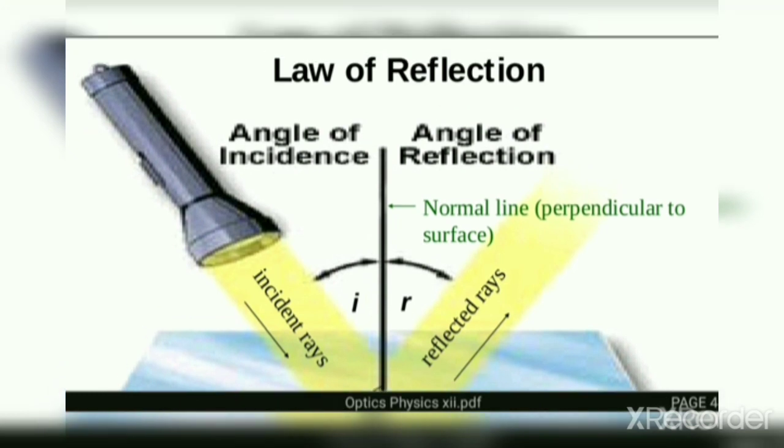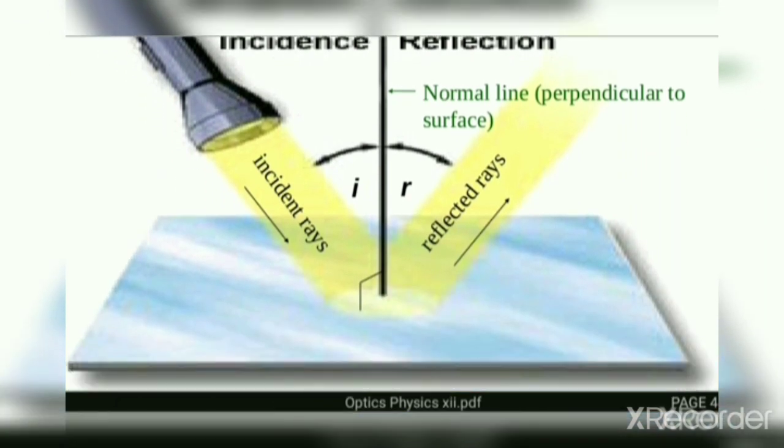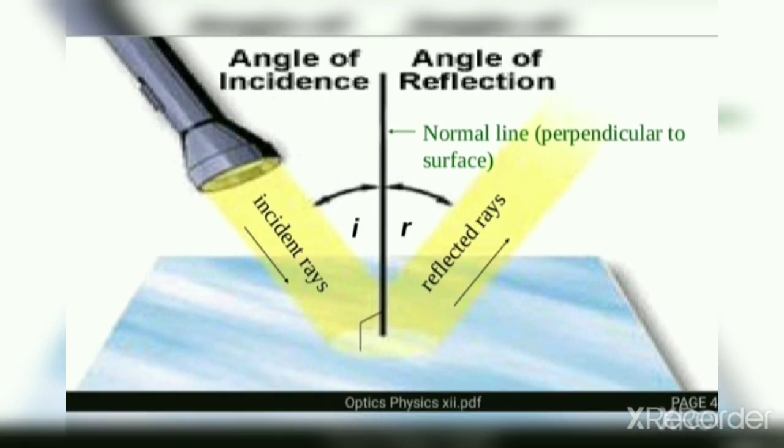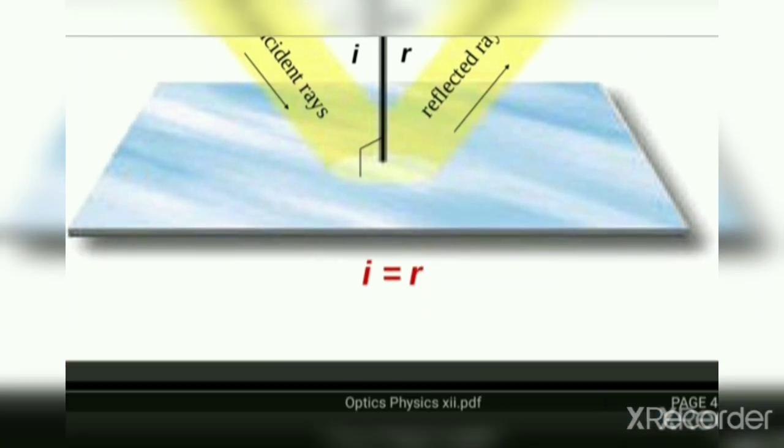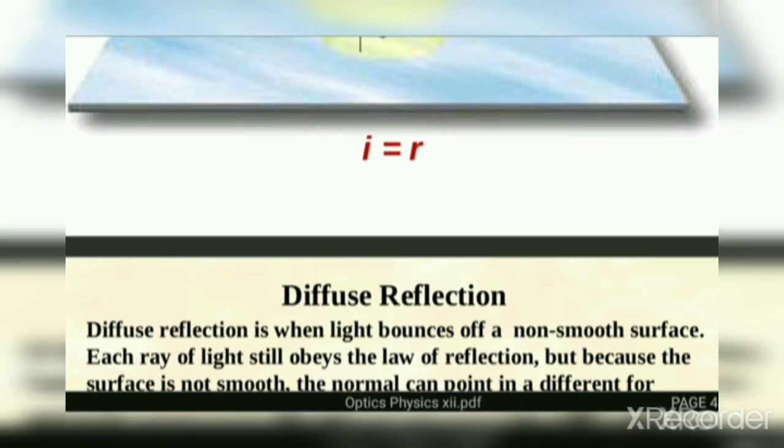Again revising the law: the angle of incidence is equal to the angle of reflection. Incident ray, reflected ray and normal drawn at the point of incidence are in the same plane. This law is applicable to curved surfaces also. You can see on the screen what is the incident ray, where is the reflected ray and where is the normal line. That is i equals r.